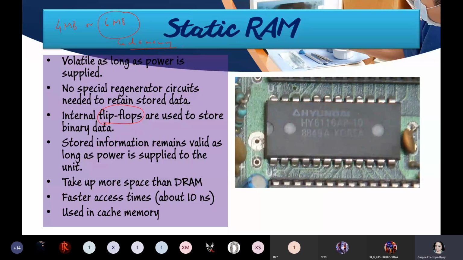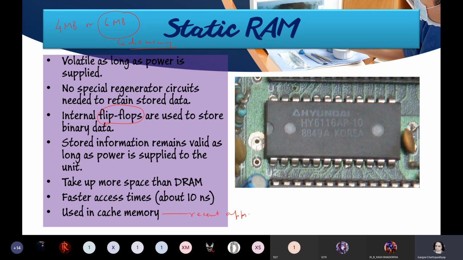Okay, usually what is the task of a cache memory? Cache memory stores all the recent applications. Recently accessed applications are stored in cache memory. Got it? So when you are opening a software for the very first time, it will take a long time to open, right?